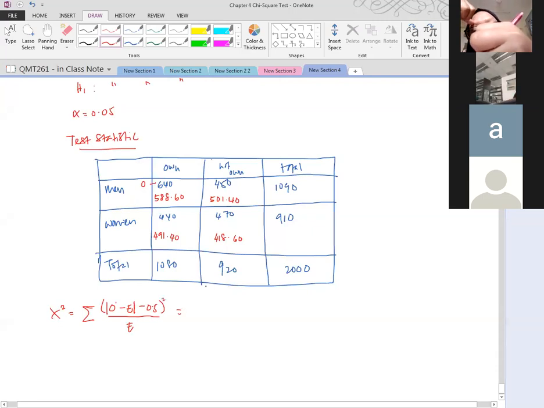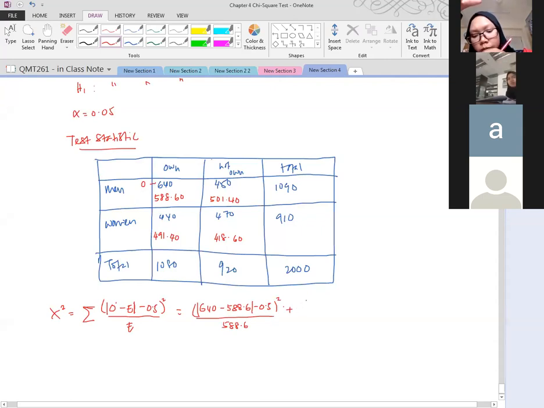So this one should be equal to 640 minus 588.6, taking the absolute, minus 0.5 and square, divided by 588.6. Plus 450 minus 501.40, taking the absolute, minus 0.5, squared, divided by 501.4.